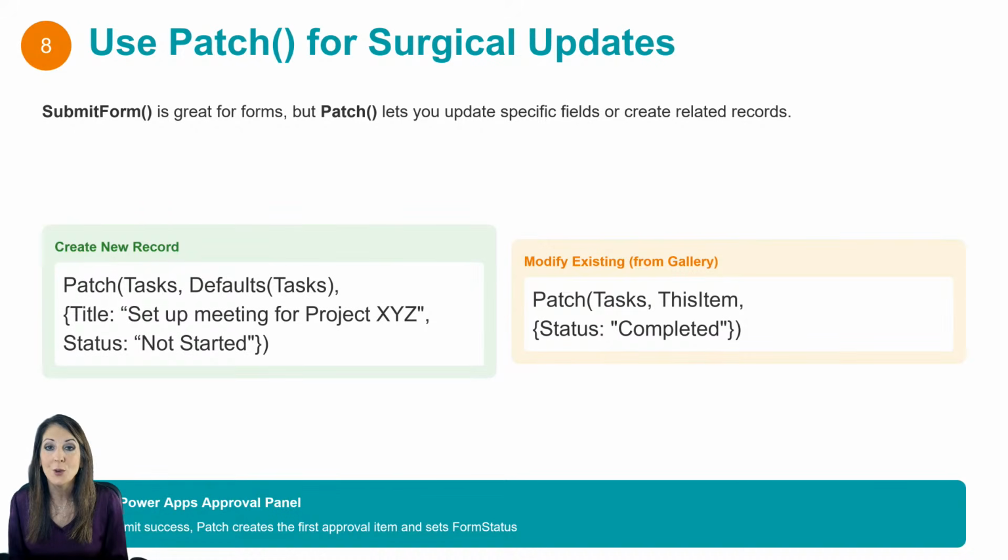So get familiar with the difference between these. Most of what you'll be using is just a form control, which is very simple, but Patch is a good supplement to understand, so that you don't necessarily have to use a form control just to update or create anything in SharePoint.